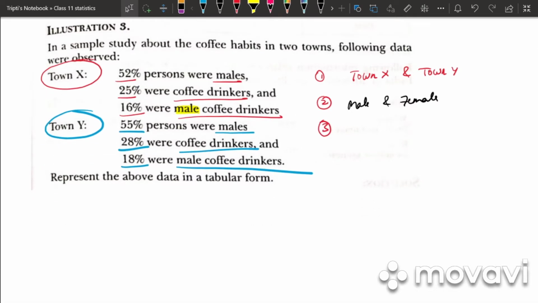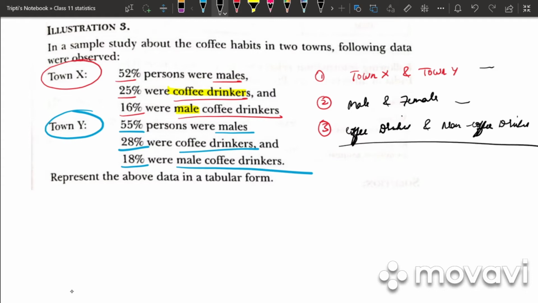Then they have mentioned coffee drinkers, and non-coffee drinkers. Anything else? No. So this table will be about gender, male and female, two towns, town X and town Y, and coffee drinkers and non-coffee drinkers.